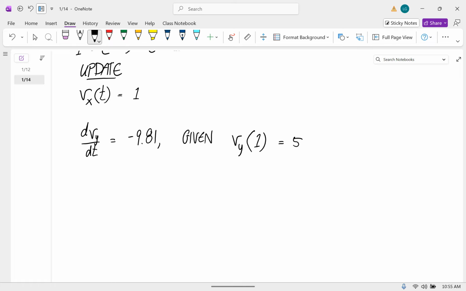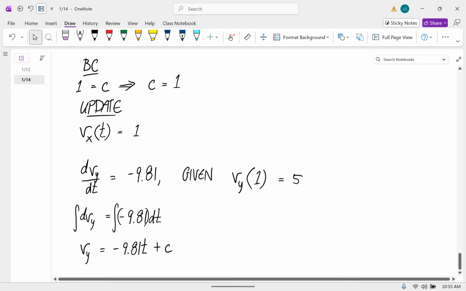So we're starting with dvy/dt equals -9.81. Separate variables, and you get dvy is equal to -9.81 dt. Now you can integrate both sides, and you get vy is equal to -9.81 t plus c.